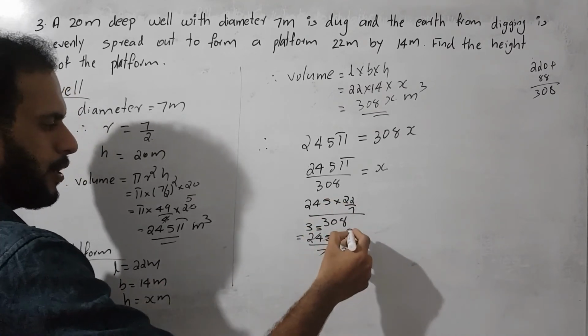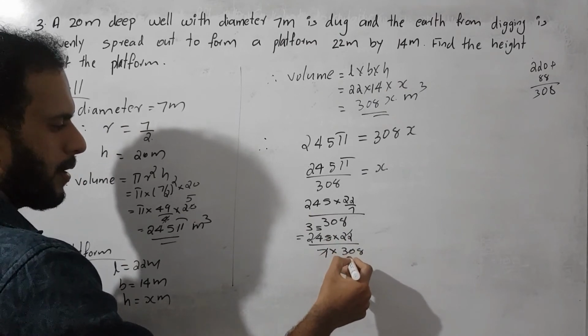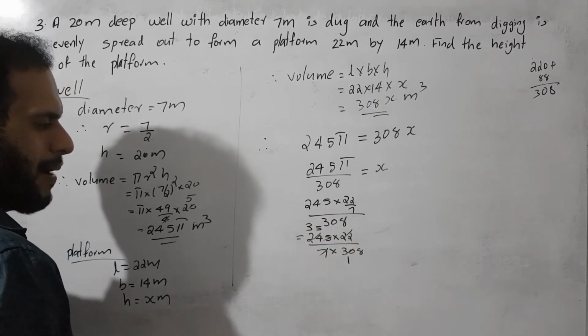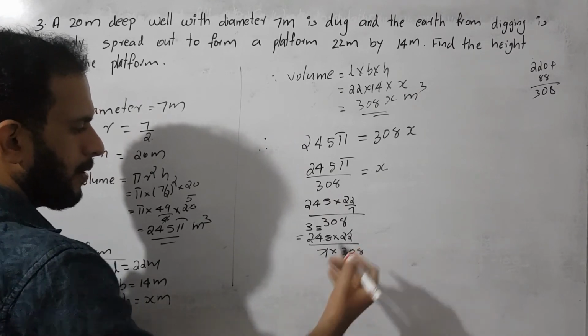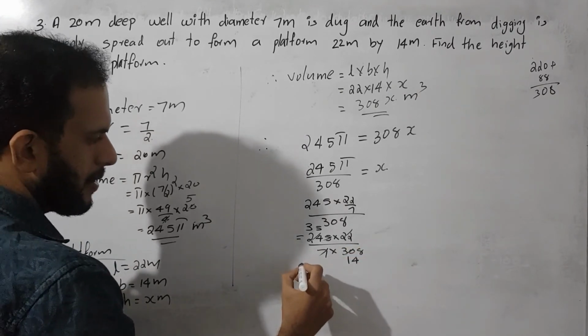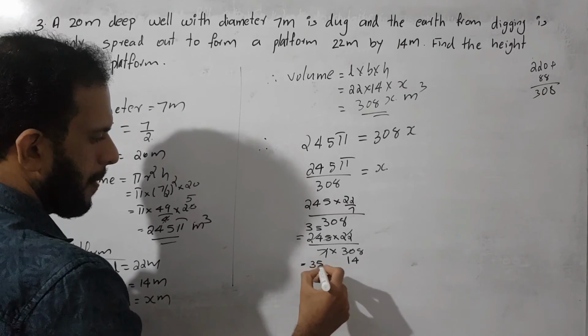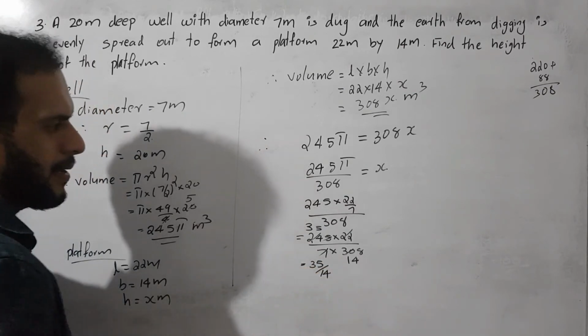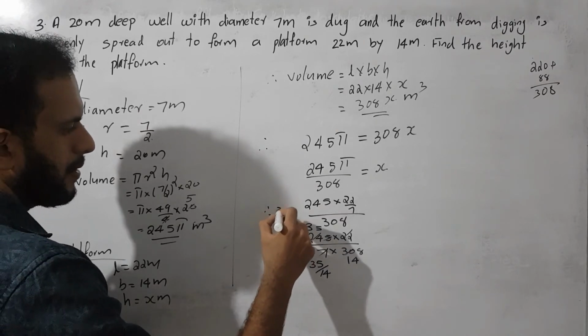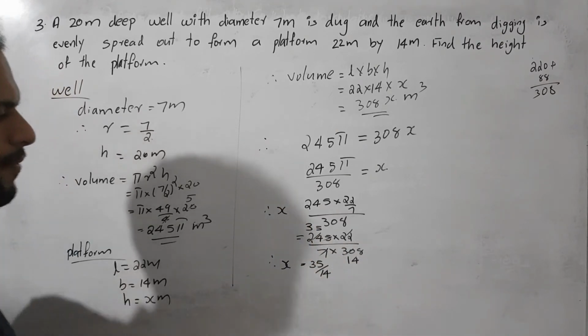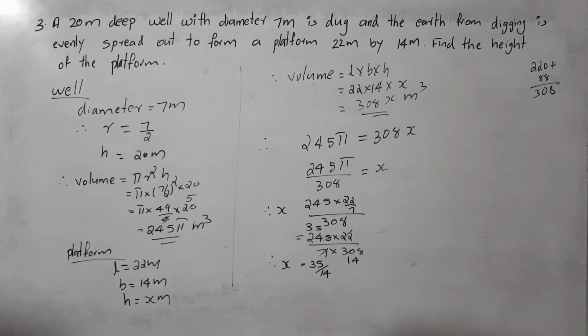What do you get? 22 into 1 is 22, and 308 divided by 22 is 14. Then we get the answer 35 by 14. Therefore x is equal to 35 by 14.